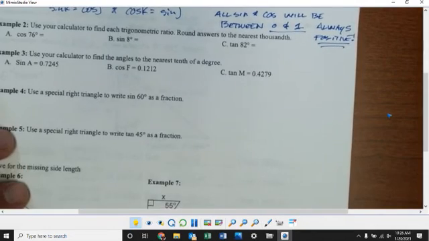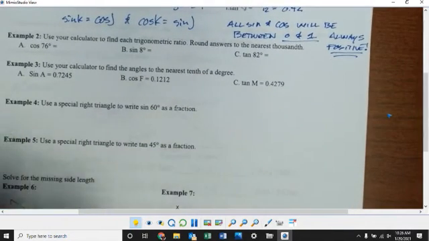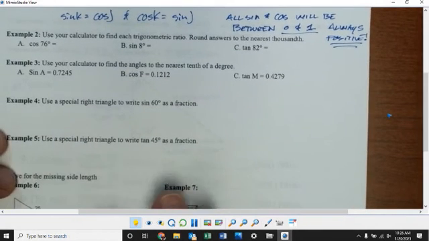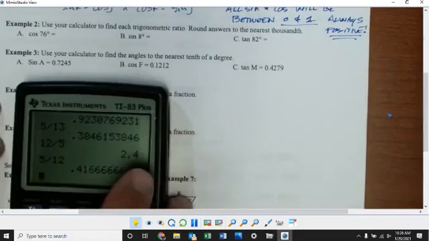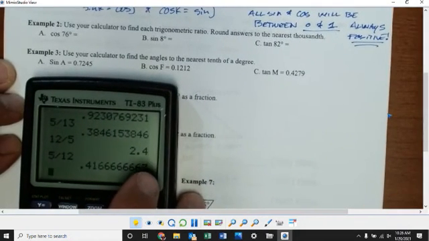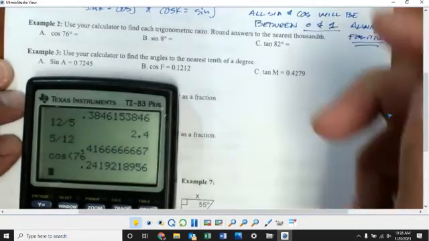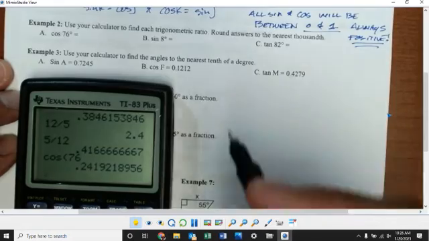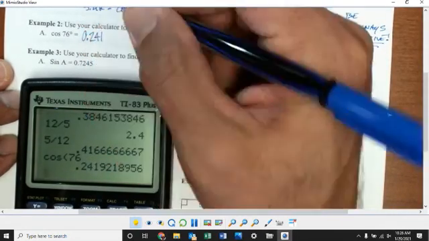All right, now given an angle, we can use the trig ratios in order to determine the value of that ratio. So I'm in degrees here, and if you ask me what is cosine of 76, well, I just type it right in my calculator, cosine 76. And it says nearest thousandth, that's 3 places, so that is equal to 0.241.